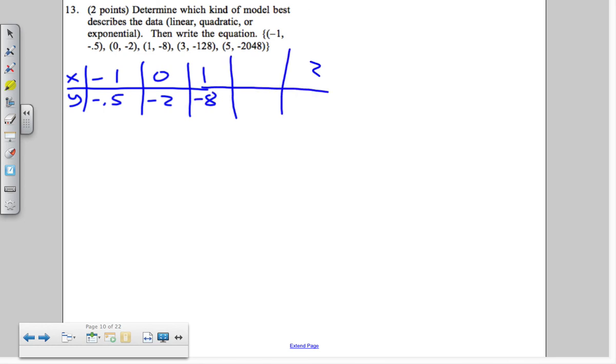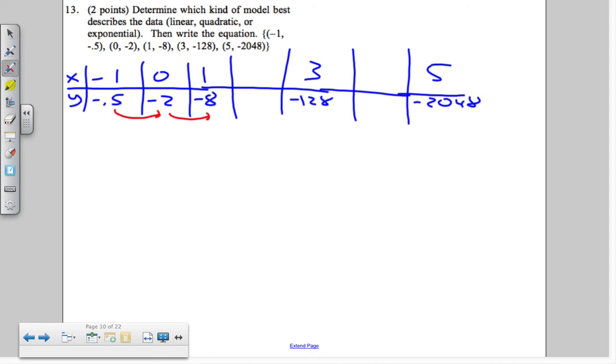They skipped the 2 and went right here. And they skipped the 4. So keep that in mind when you're looking for the pattern. I can see when I make it like this that the pattern here is times 4. Now I don't see that times 4 here because I skipped something.